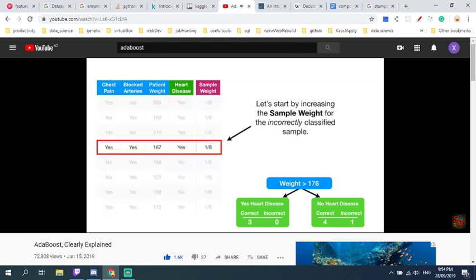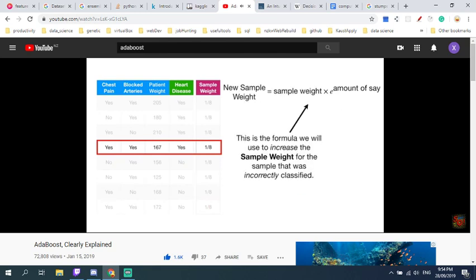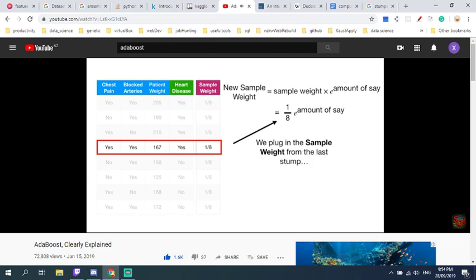Let's start by increasing the sample weight for the incorrectly classified sample. This is the formula we will use to increase the sample weight for the sample that was incorrectly classified. We plug in the sample weight from the last stump, and we scale 1/8 with this term.